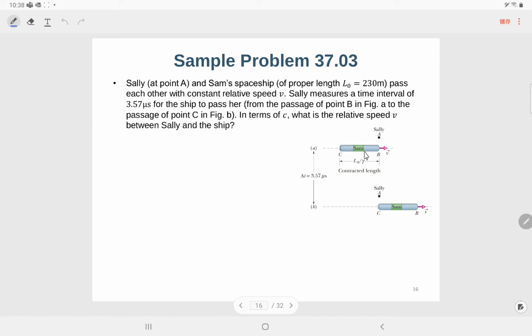The relative speed can be measured accurately because they share the same relative speed v. So the question asks, what is the relative speed v between Sally and the ship, in terms of c?